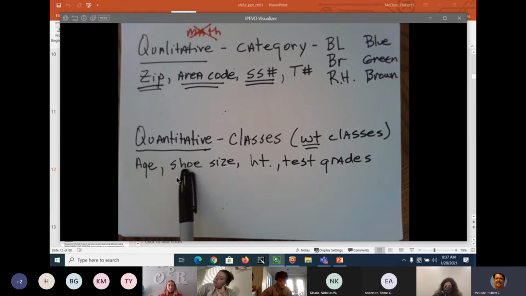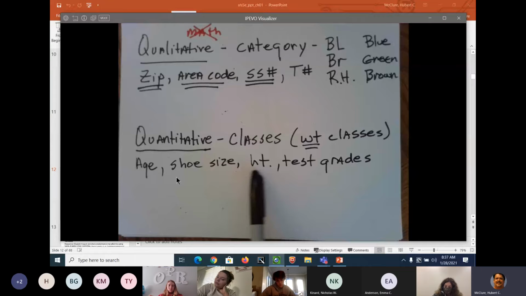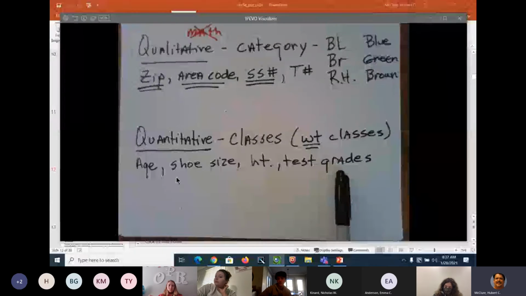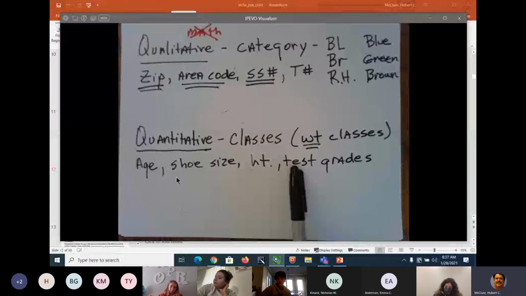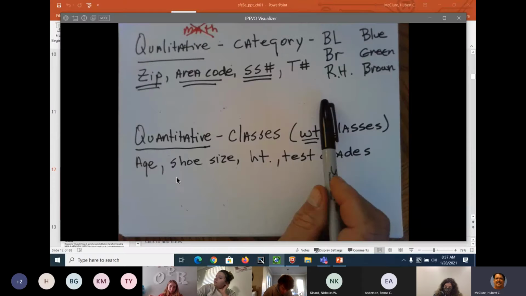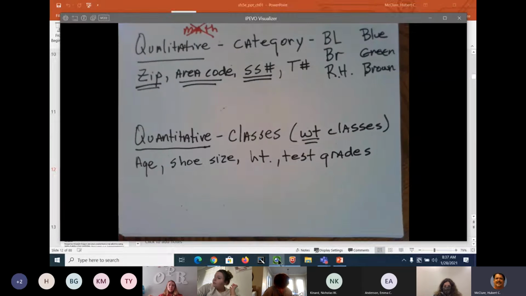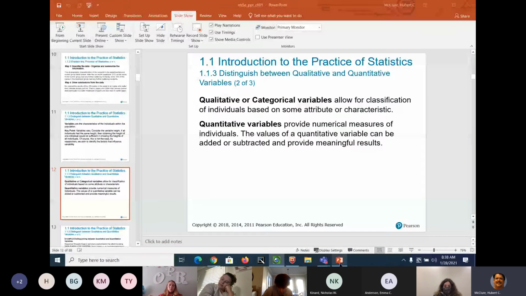Average shoe size, average height, average test grade. What is the average of the class? What is your average? All of those make sense. Average of blondes, brunettes, and redheads makes no sense.